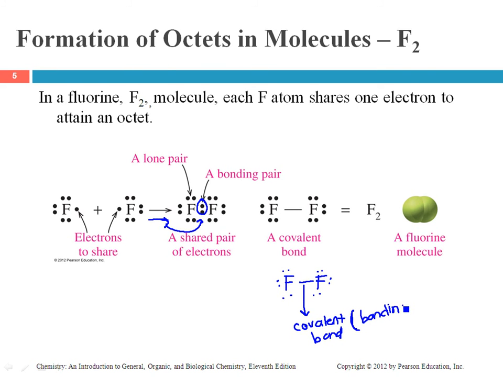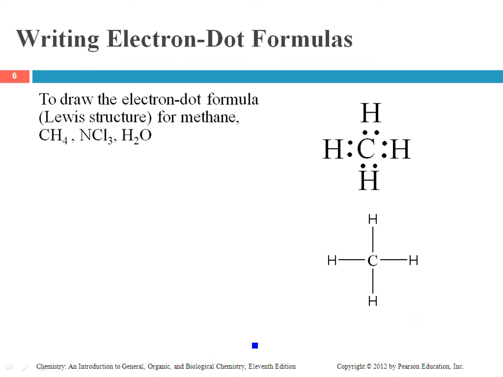And then all of these here, and on the other fluorine, are non-bonding, also known as lone pair electrons. So these are very simple electron dot formulas, but we're going to look at more complex ones next.